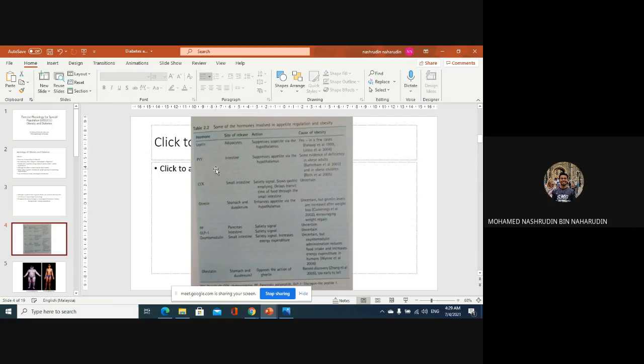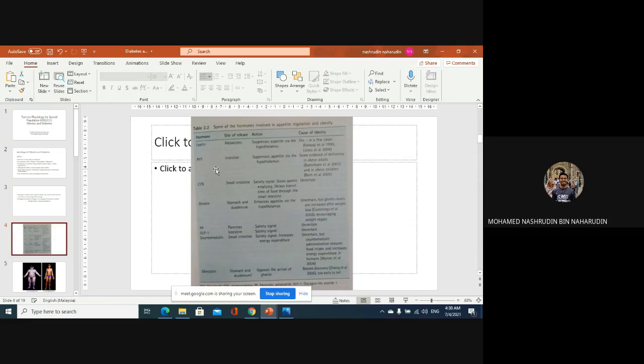For those who have a certain clinical condition, their PYY isn't secreted although their stomach is already quite stretched, so they keep on eating, ending up with excessive calorie intake, which leads to obesity.